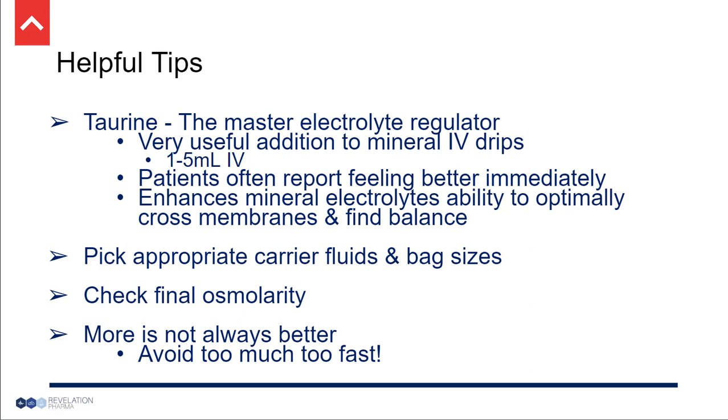But when giving these IV drips, it can really help enhance the electrolyte's ability to optimally cross those membranes and find electrolyte balance, because there's more than just putting the electrolytes in the system. There are other parts like taurine that actually help regulate getting them where they're supposed to go and finding balance. So for that reason, taurine can be a very useful addition and worth mentioning.